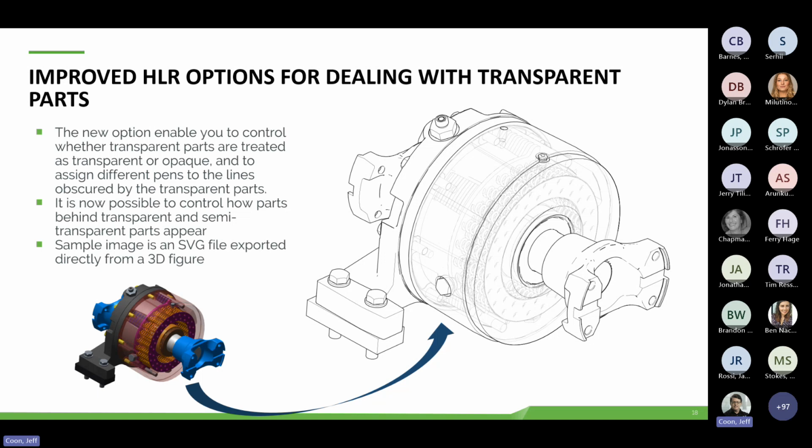Yeah, basically you define a pen that you would want to use for parts behind semi-transparent parts as part of the overall pen controls. So you're not going to necessarily assign this on a case-by-case basis. This is something that you would assign: I want to use this pen for parts behind transparent parts when I publish out.